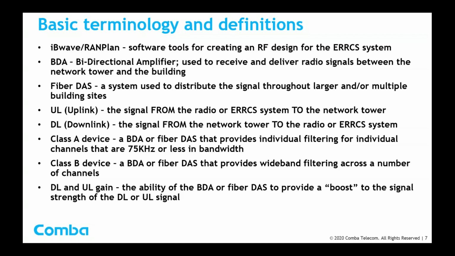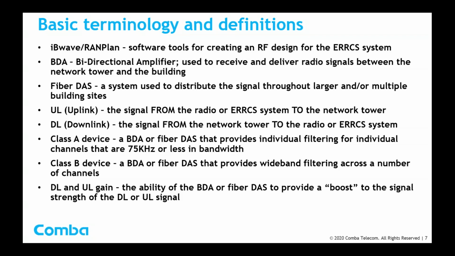UL is an acronym for uplink. Uplink is the signal going from the handheld radio or the ERRCS system to the network tower. DL, an acronym for downlink, is the signal going from the network tower to the handheld radio or ERRCS system. Class A device is a BDA or a fiber DAS that provides individual filtering for individual channels. Those filters have to be 75 kilohertz or less in bandwidth.